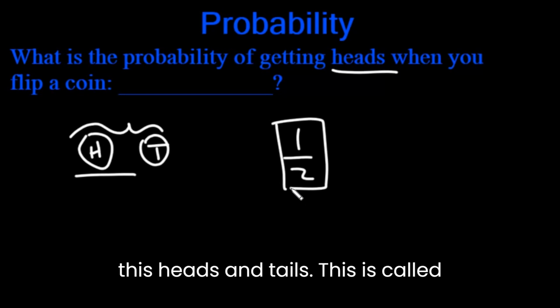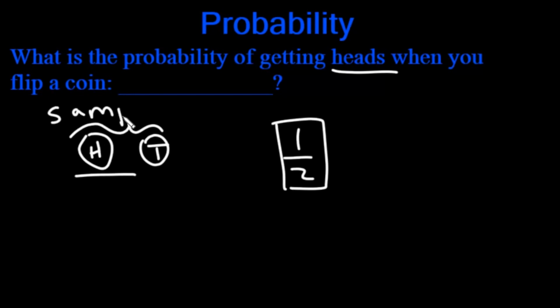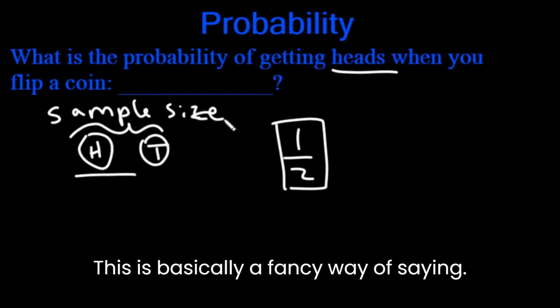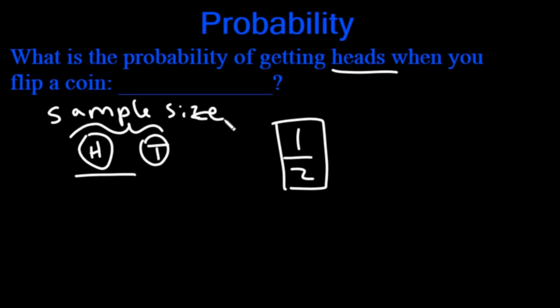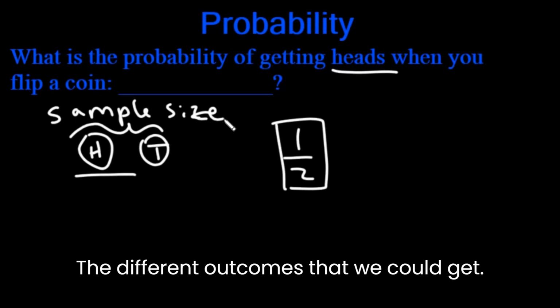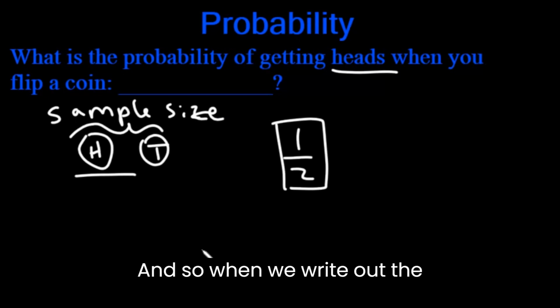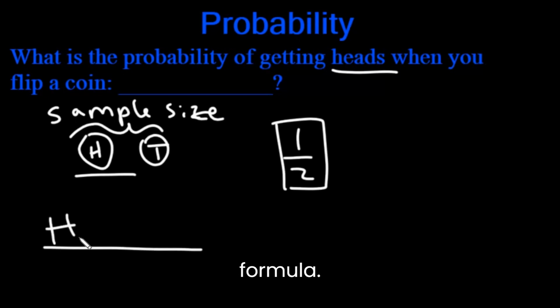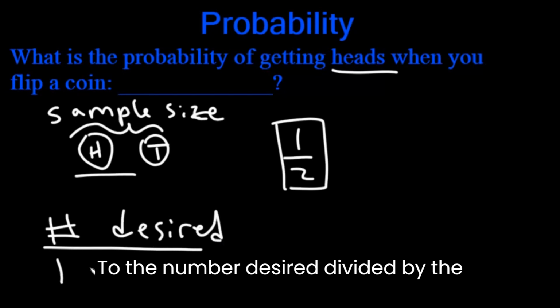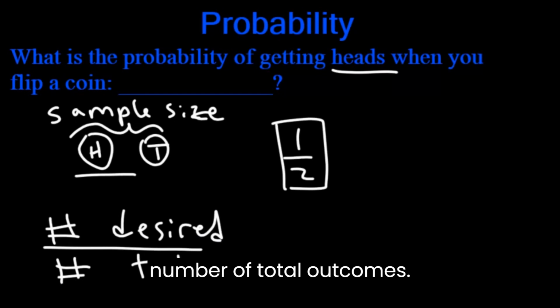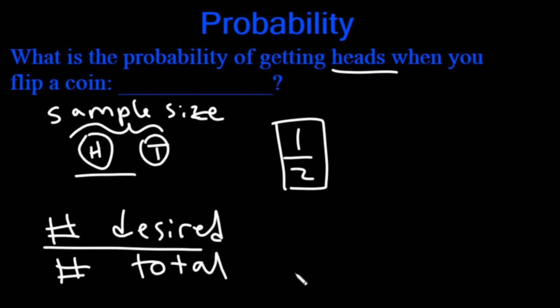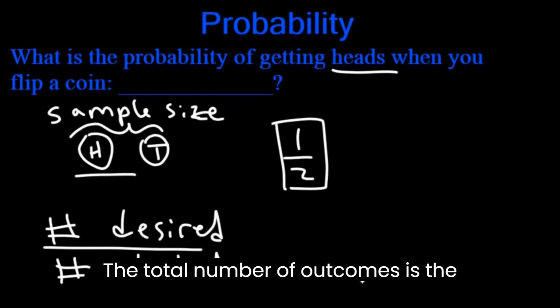Now that you know how to calculate probability, I want to define a little bit of terminology. This heads and tails is called the sample size. This is basically a fancy way of saying the different outcomes that we can get. When we write out the formula, the number desired divided by the number of total outcomes, the total number of outcomes is the sample size.